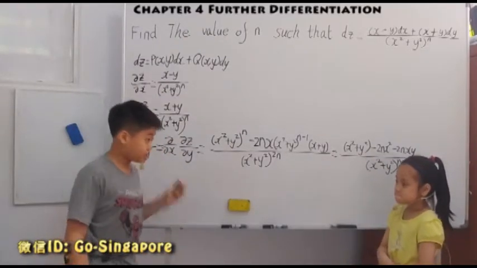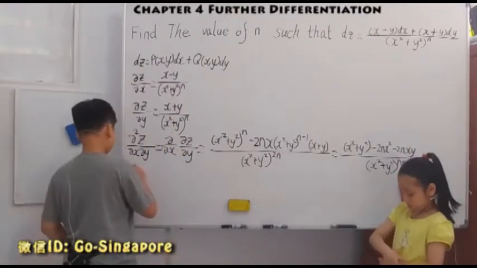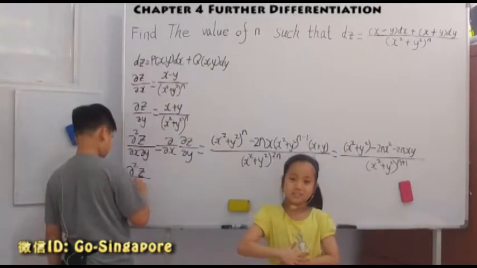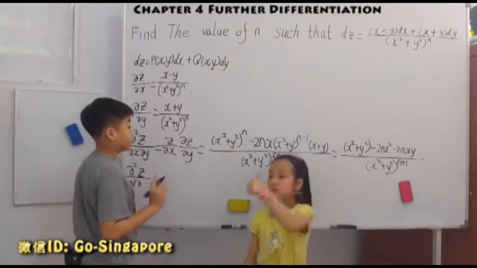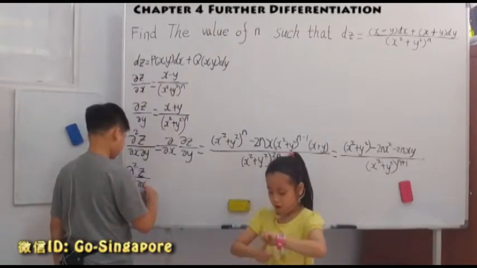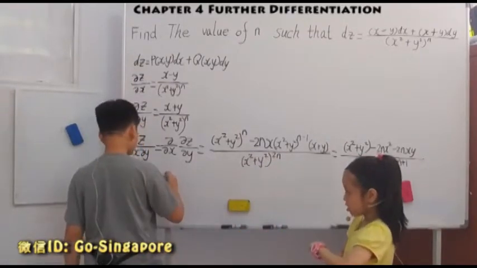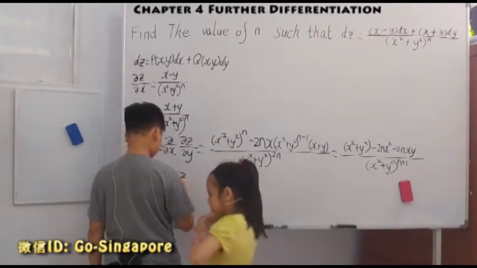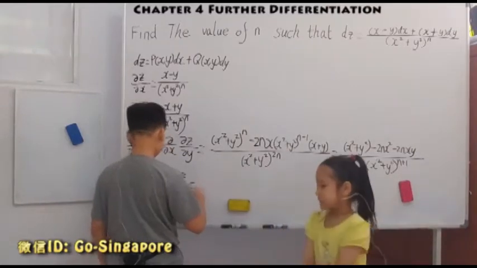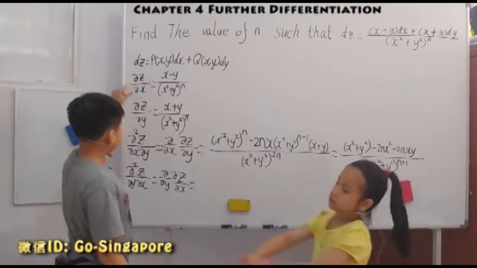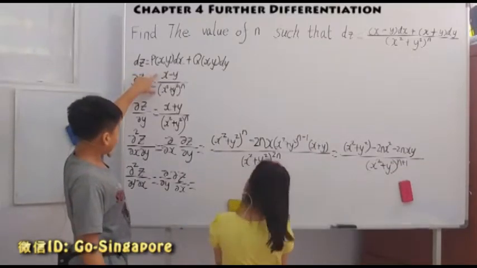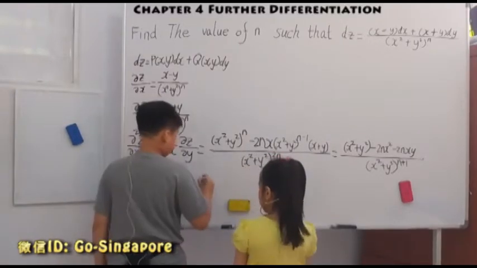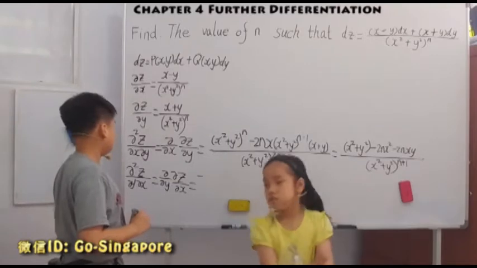Next is the other mixed partial differentiation. Later we'll see if it is the same. If it's the same, it's correct. Wait, we're not there yet. Take one step back. Here there's a minus.